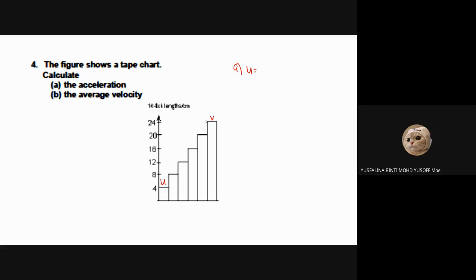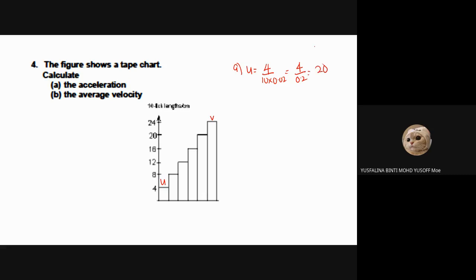So 4 divided by, already told you that it has 10 ticks, right? So one tick is 0.02. So 10 multiplied by 0.02. So 4 divided by 0.2, you got 20.